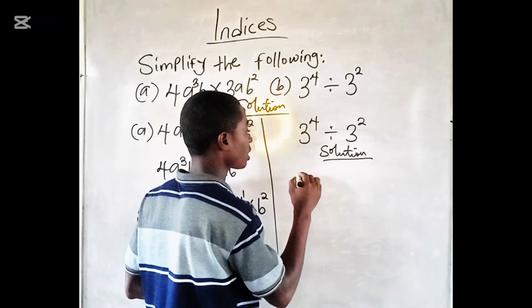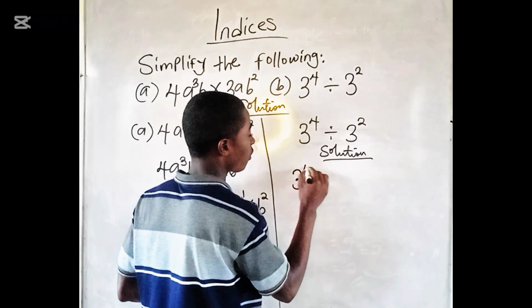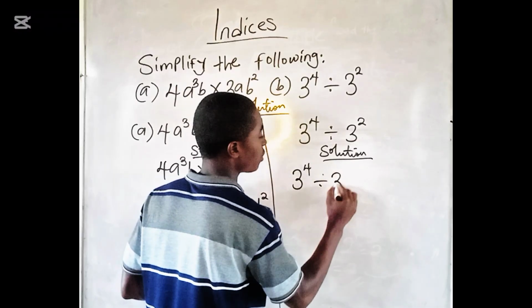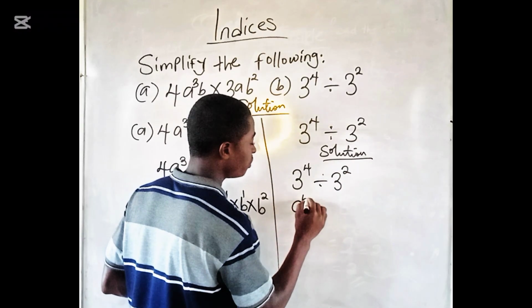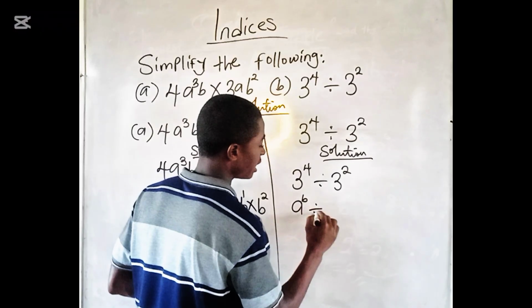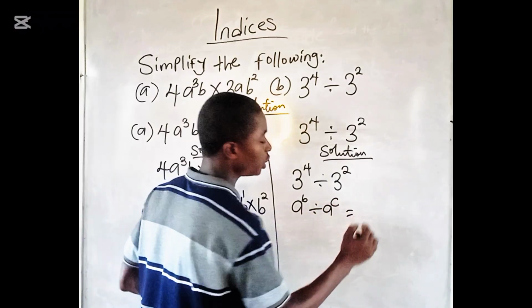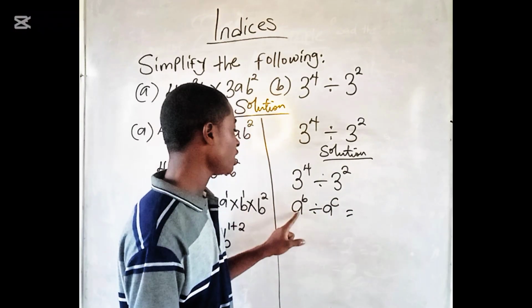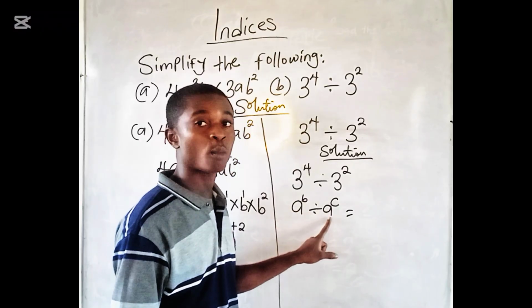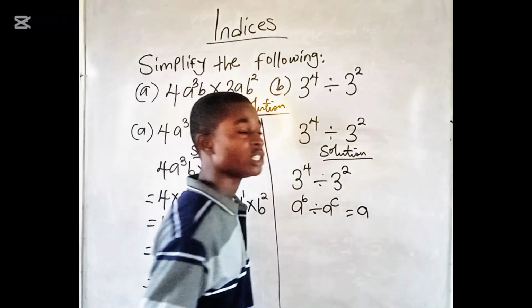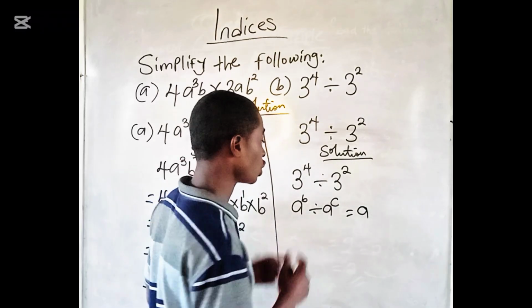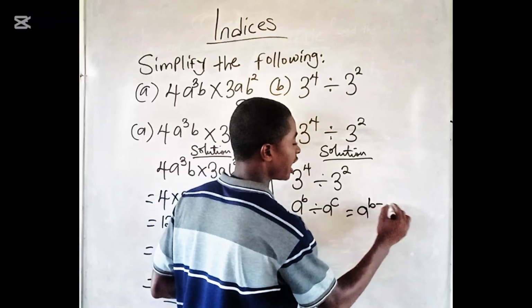So if you have a raised to the power of b divided by a raised to the power of c, what do you observe? A is here, a is here, so we have a common base. Since we have a common base, you pick one of the base and subtract the exponents or subtract the power. That will give us b minus c.